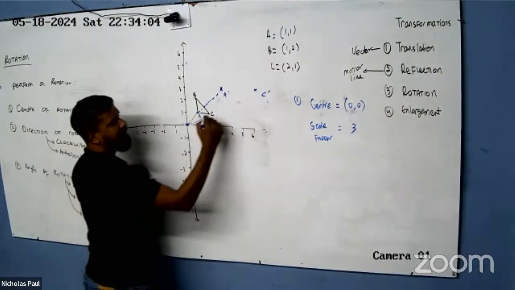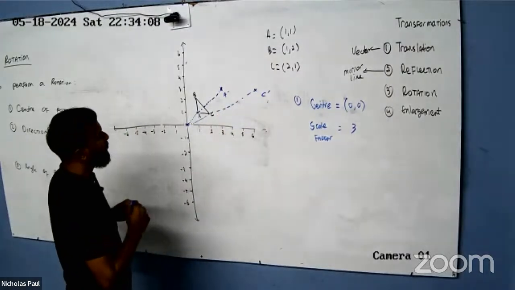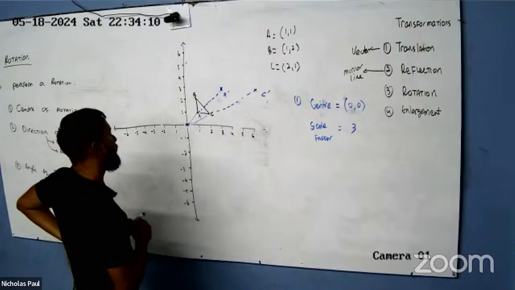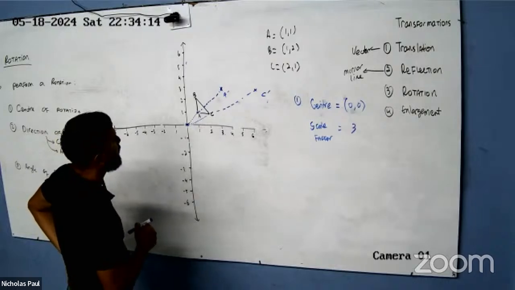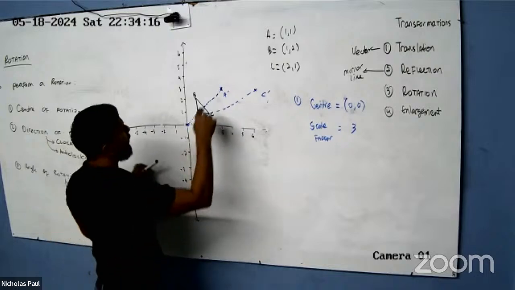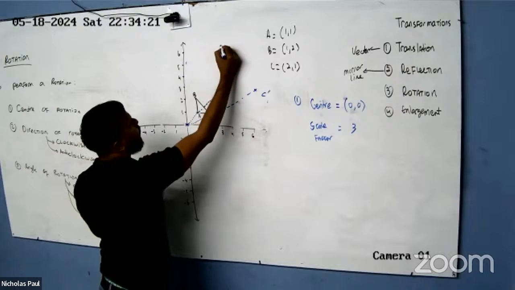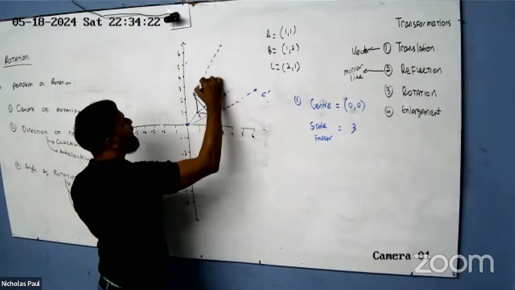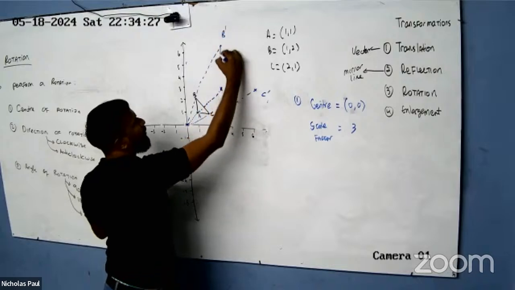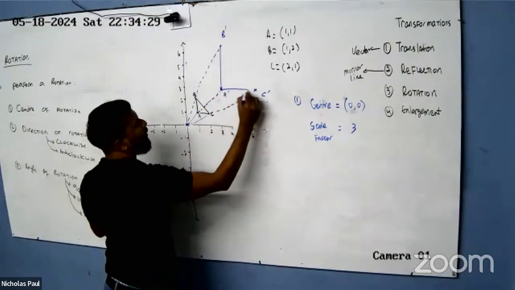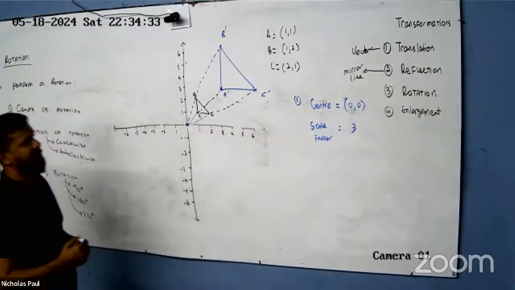Draw the line 3 times as long. And then do the same thing again with B, and it should get B prime. That should be an enlarged figure.